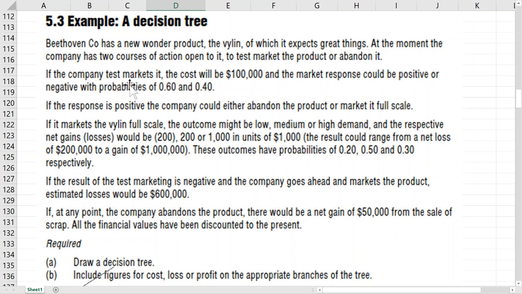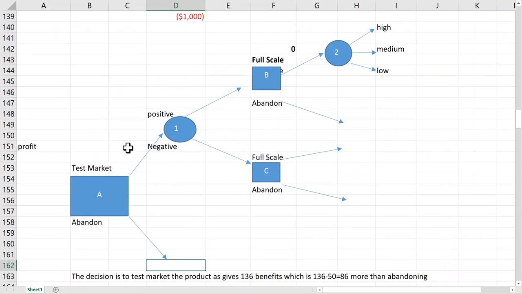If the company test markets it, the cost will be 100,000 and the market response could be positive or negative with probabilities of 60% and 40%. So if we test market, which means we will spend about 100,000 on it, then the response could be positive or negative. Remember, this is an outcome.